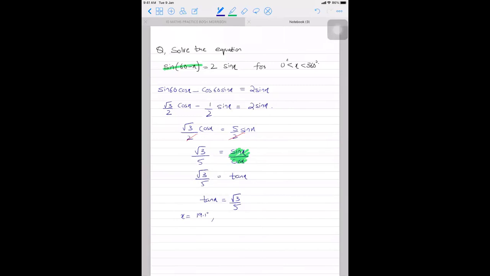Basically we are going to solve this for the domain of 0 to 360. Tan x is positive in the first and the third quadrant. So what you have right now is the acute angle. 199.1. So these are our two angles. Any questions so far? No, sir.